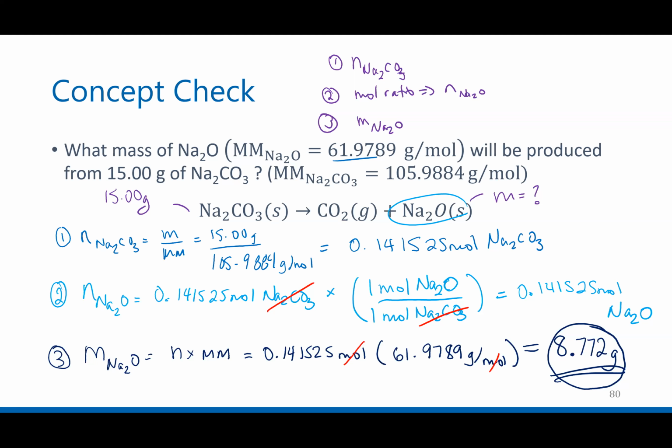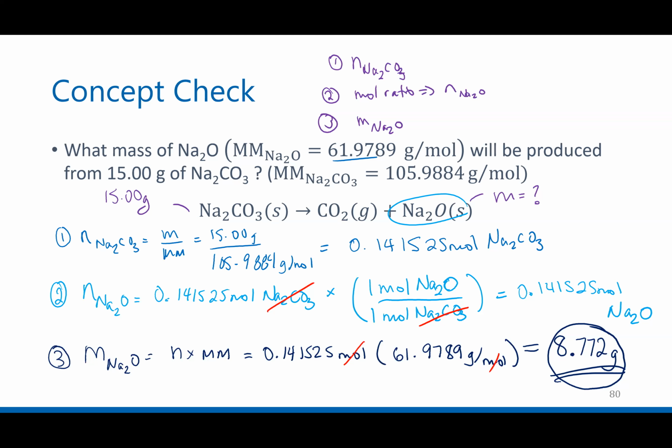Technically, without any sources of error, if everything is accounted for, the mass of CO2 would exactly equal 15 when we added it to the 8.772. And again, that's if everything was perfect. We know not everything's perfect in real life. You're going to lose some gas to the atmosphere, or it might not completely decompose, things like that.